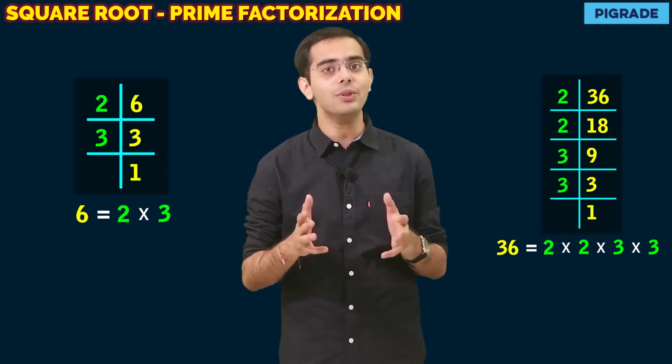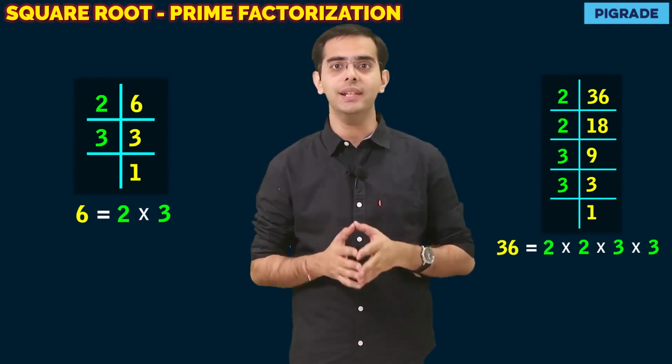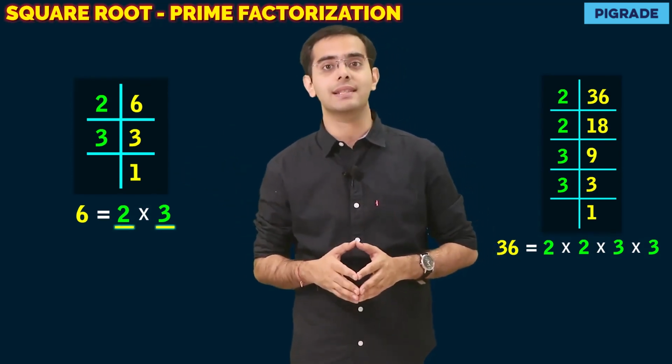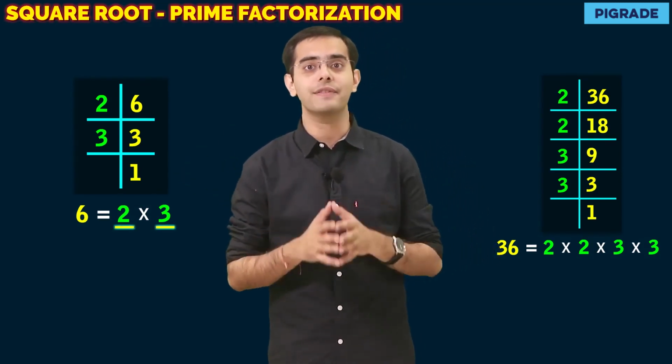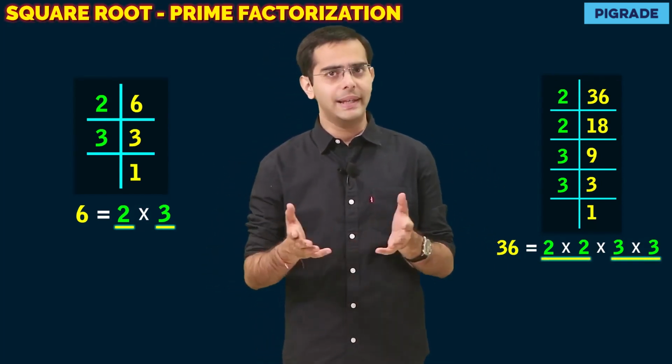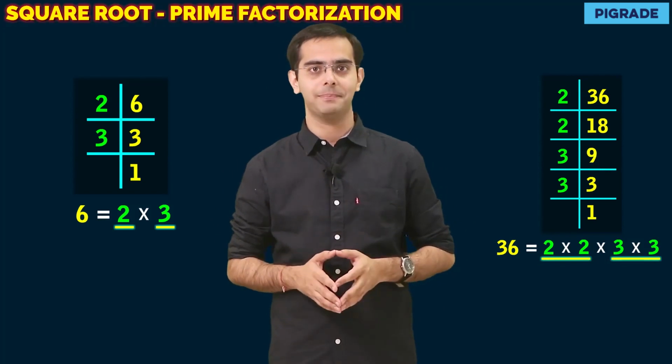Okay, so here you can see that 2 and 3 occur once in the prime factorization of 6, while in the square of 6, that is 36, they occur twice, or we can say that they occur in pairs.